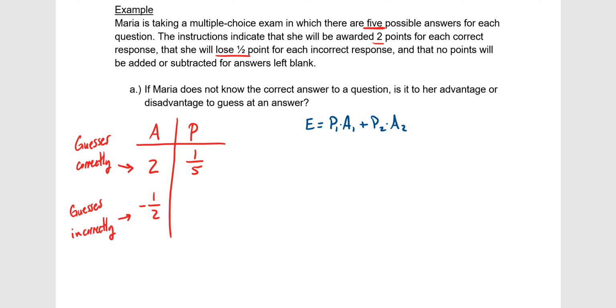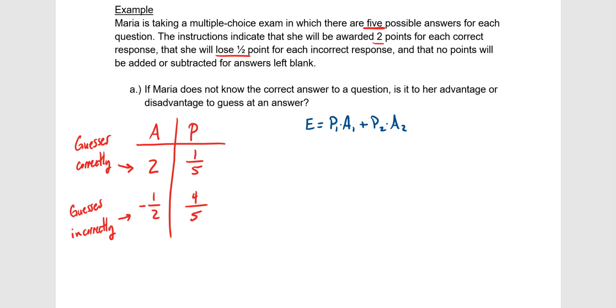Okay, so either she guesses correctly and gets 2 points with a probability of 1/5, or guesses incorrectly and loses 1/2 points, and that is going to have a probability of 4 over 5. There are 4 incorrect answers, 5 total answers. So that's going to be 4/5.